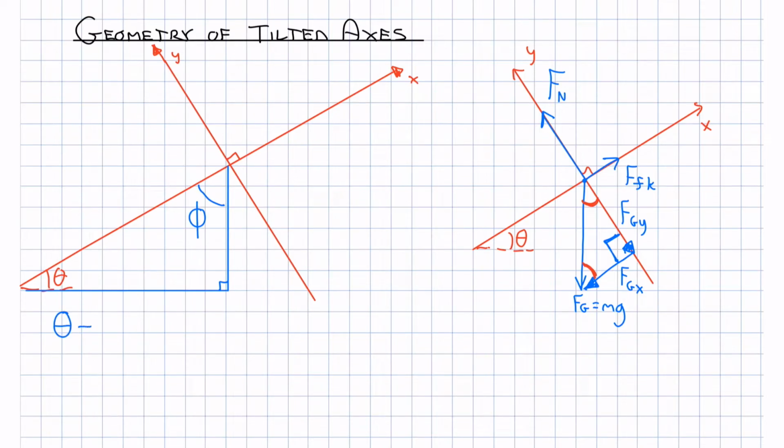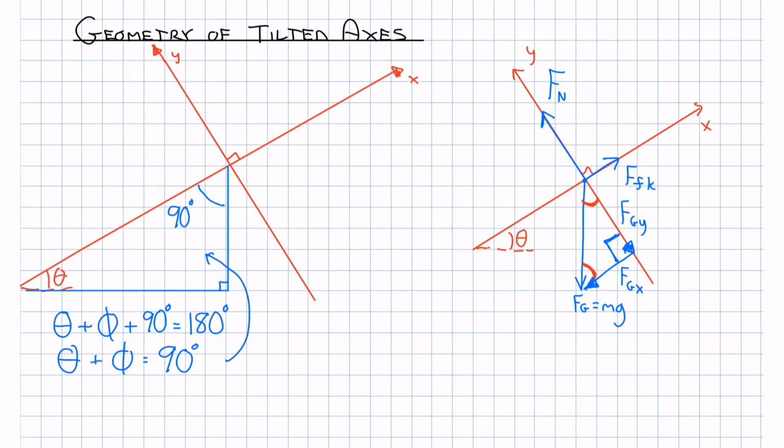One of the most well-known rules in geometry is that the interior angles of a triangle must add up to 180 degrees. So theta plus phi plus 90 has to equal 180, so theta plus phi would have to equal 90. And phi turns out to be 90 minus theta, which I can replace in the diagram.